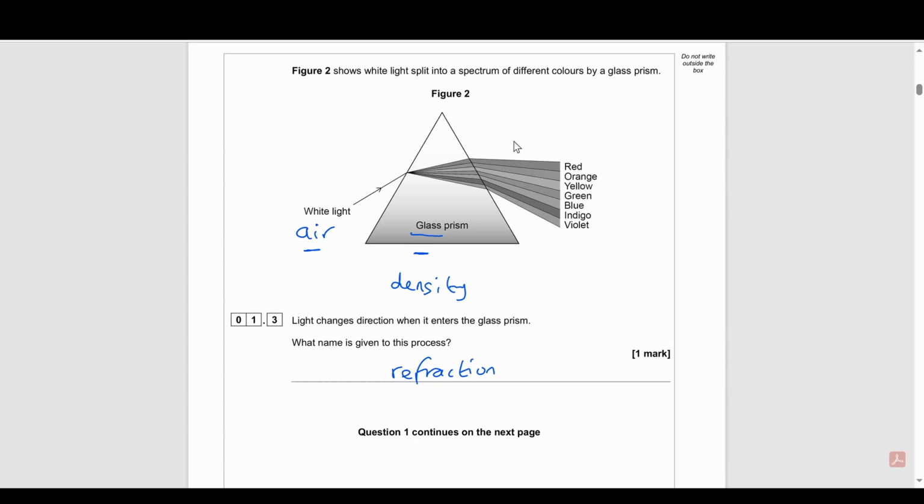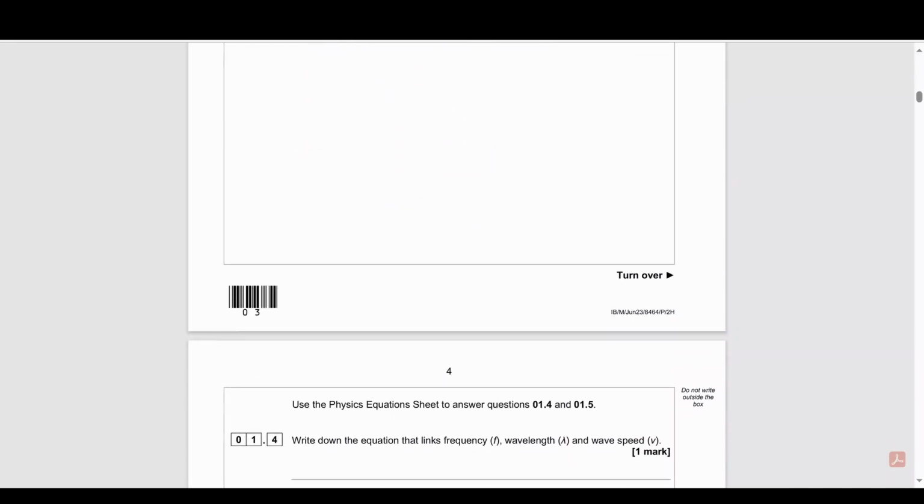Specifically, when it's dealing with light and it's split into different colors, that's known as dispersion. But in general, we should be writing the name of the process, and that is definitely refraction.